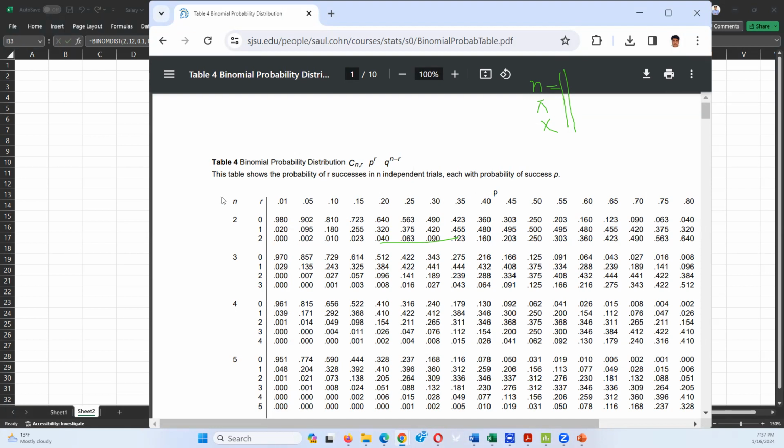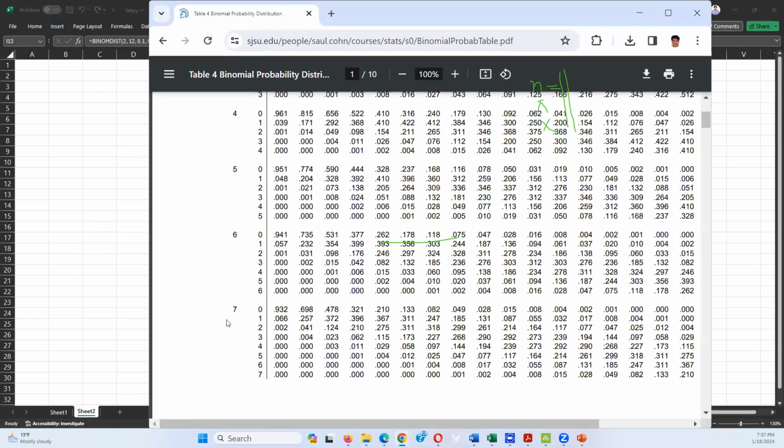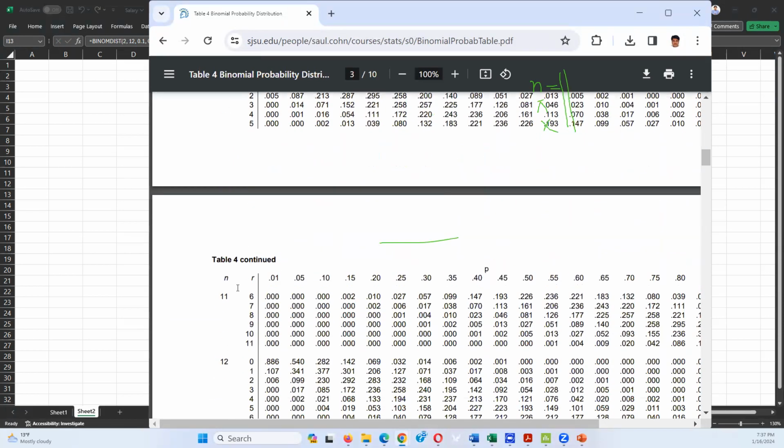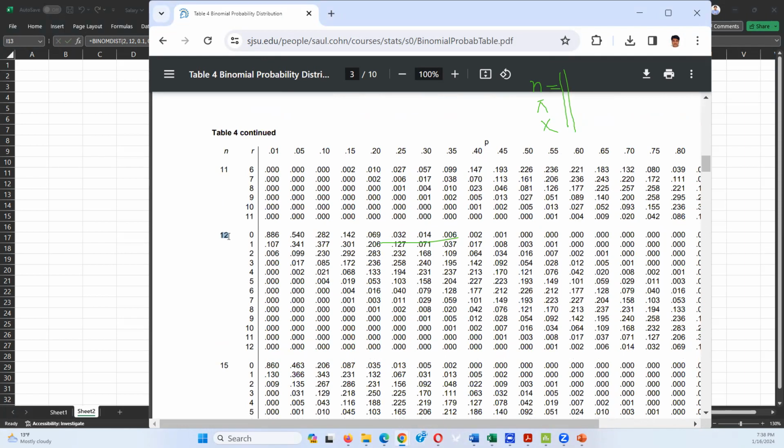This is n equal to 2, 3, 4, 5. Since we are dealing with n equal to 12, this is n equal to 12, and probability is 10, and x equal to 2. So you can see 2, 10, and you can see exactly the same value.